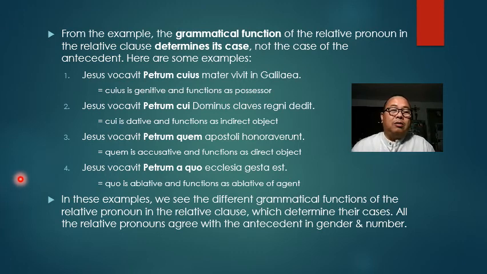Number 4, a quo ecclesia gesta est, by whom the church is managed or governed. Quo is the object of a. But what is the grammatical function of quo there? It is just simply an object of a, but it is an ablative of agent.